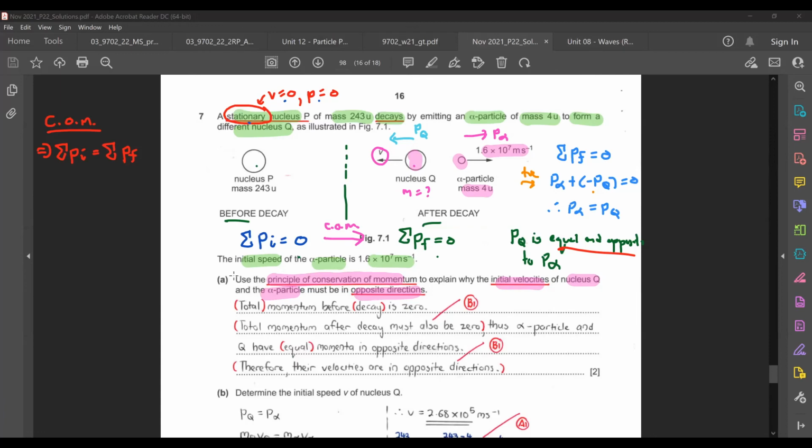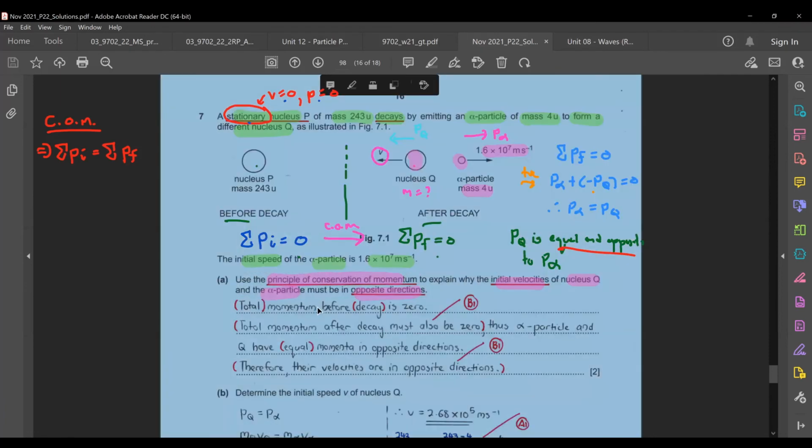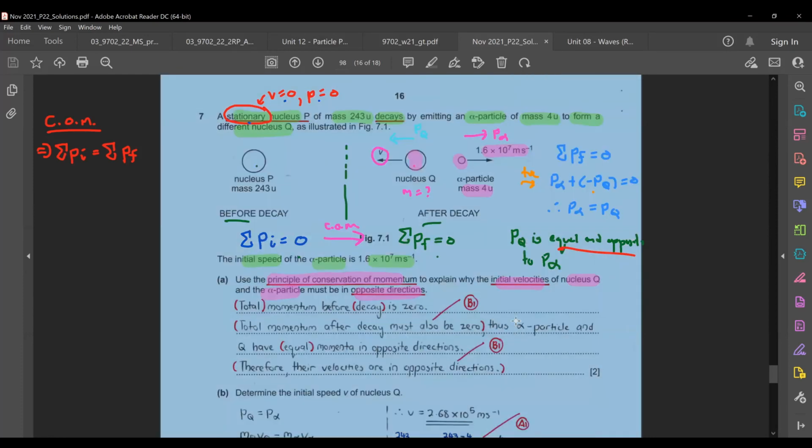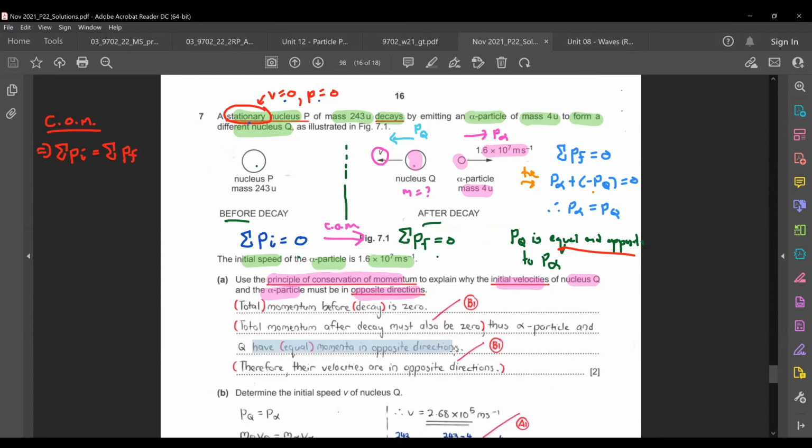All right. So how do you explain this? You will have to say that total momentum before decay was 0. Your total momentum after decay must also be 0. So in that case, your alpha particle and Q must have momenta in the opposite direction. They must have equal momenta in opposite directions.